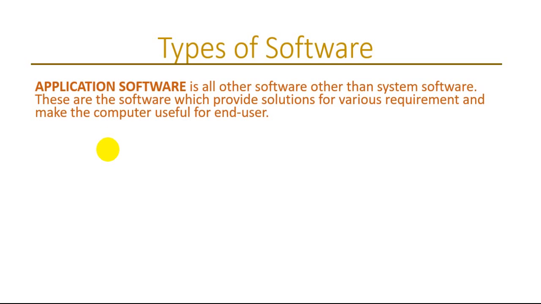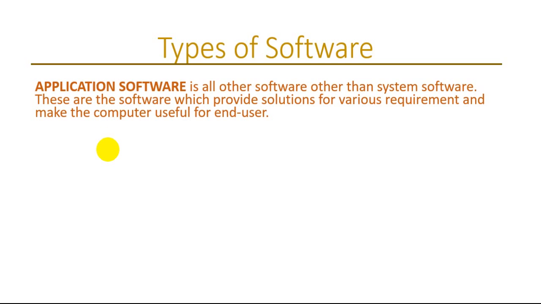Let that be aside for a minute. But what do we want to do? We want to create a letter, type a letter and create it, or use Excel and do some formula and calculation, or you want to use PowerPoint and do a presentation. So these are what we want to do. So those are the application software. Those are the solutions which provide us with some purpose for a computer.